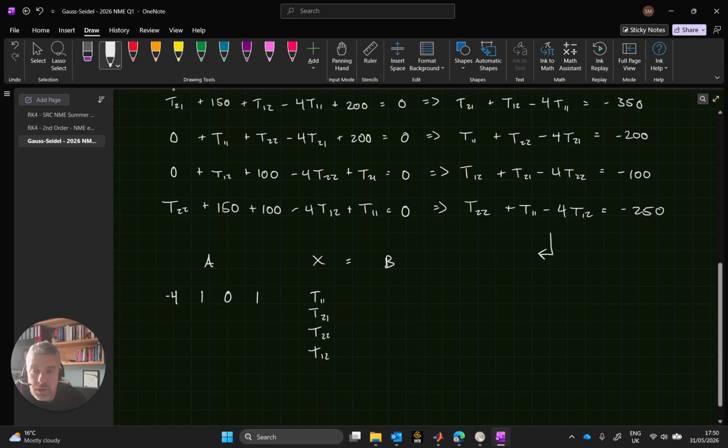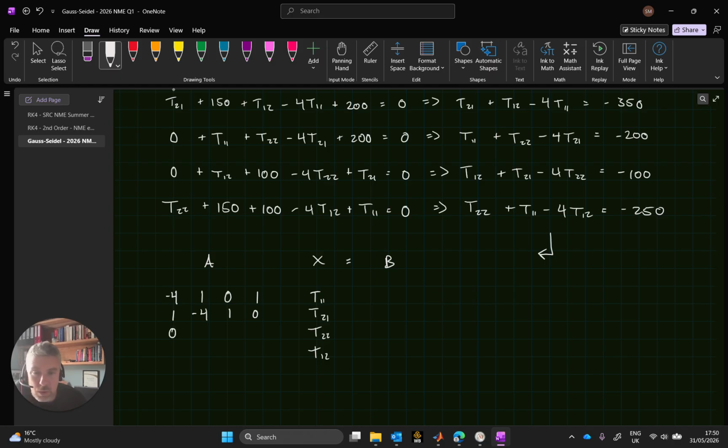Next equation, my T11s, I have one. T21, I have -4. T22, I have 1, T12, 0. Next equation, third one, T11s, I have no T11s.